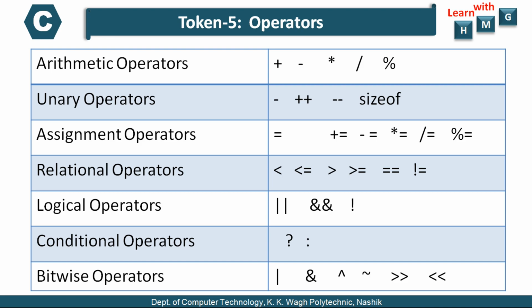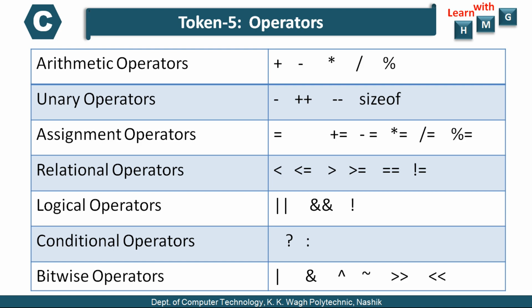Whatever the number, constant or value of a variable, it is first converted into binary, that is ones and zeros. These operators operate on those ones and zeros, the binary digits, or in short bits, and that's why they are known as bitwise operators. So these are the 6 types of operators, whose symbols you can use for various operations in your C program.